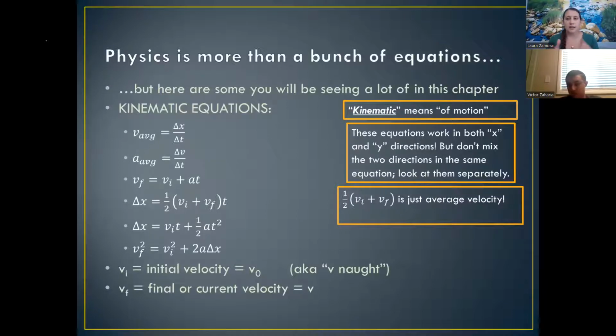So when we're taking an average velocity, if we have two velocity measurements, we add them together, divide by 2, that's our average velocity. So this equation, delta x equals v average times time, is an equation that we mentioned last week for motion in one dimension. And even just the definition of average velocity.